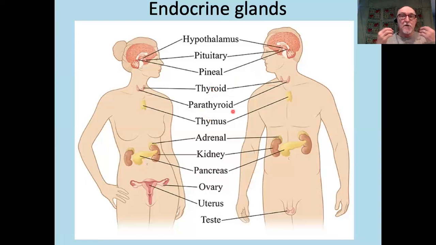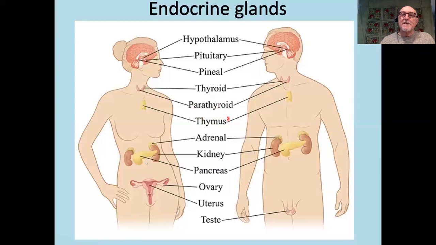Then associated with the thyroid, but a different gland with an entirely different function, are the parathyroids, small glands that lie closely applied to the thyroid. That's why they're called parathyroid. They are responsible for calcium regulation, for calcium metabolism in the body.